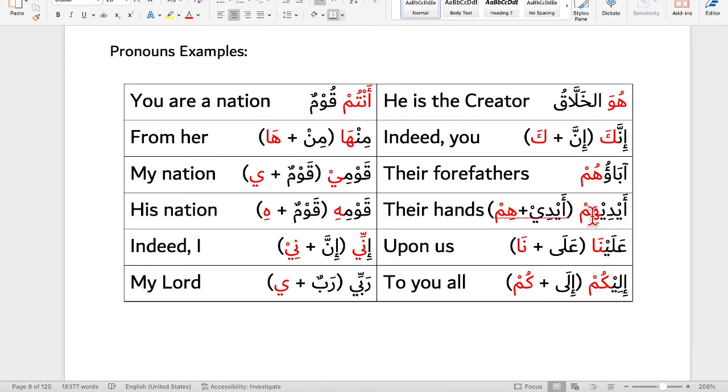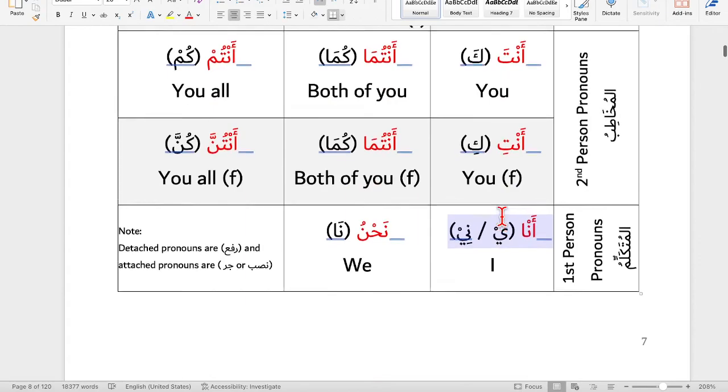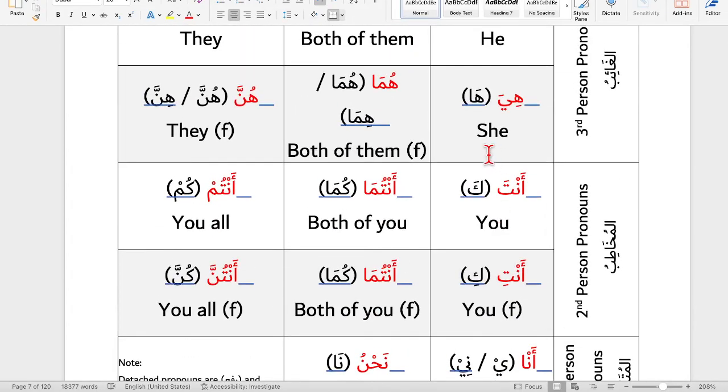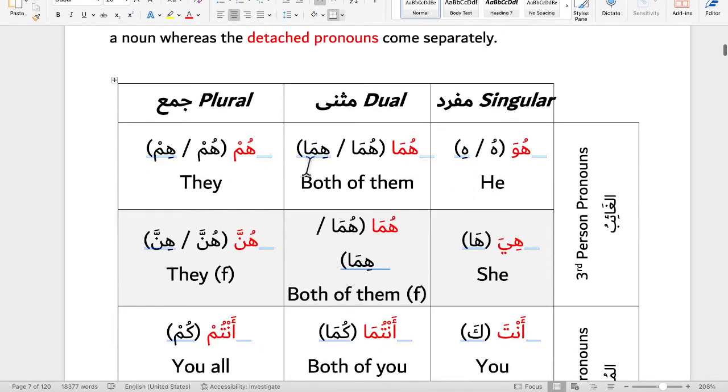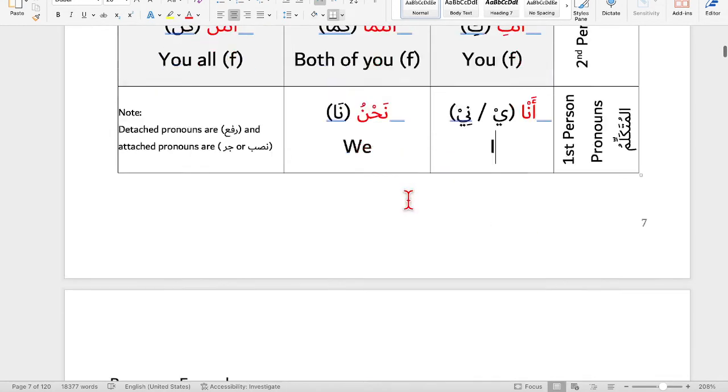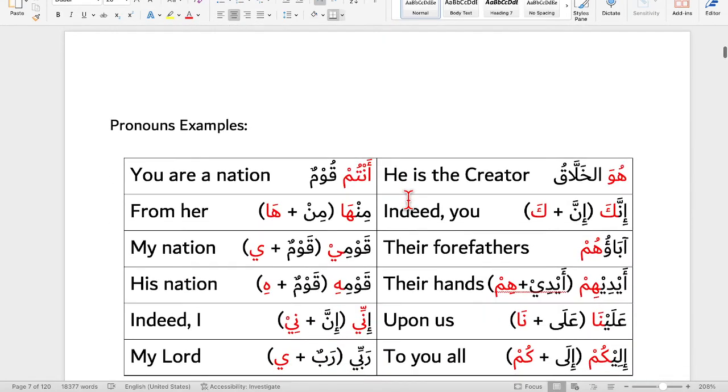So aidihim means their hands. This is whom in the masculine form. So whom or him, they come as attached. So aidihim, their hands.